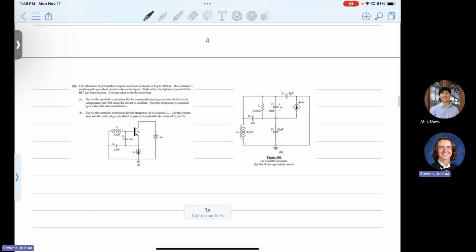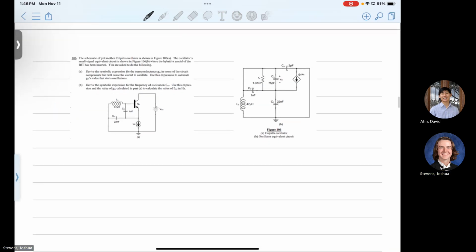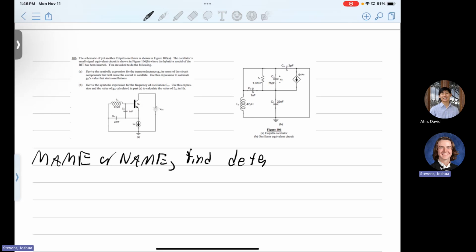So you do either mesh or nodal, right? Okay. Find the determinant. Set it equal to 0.